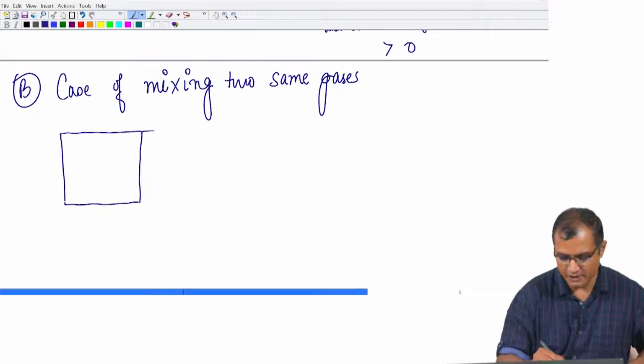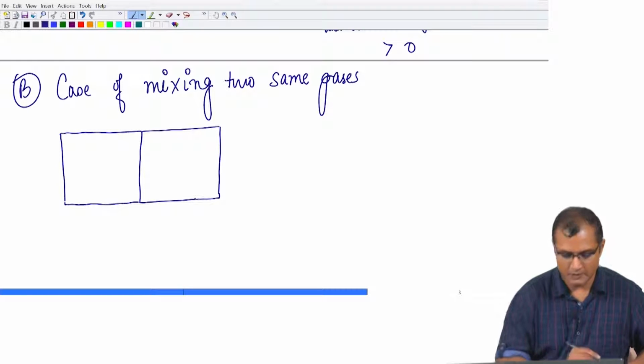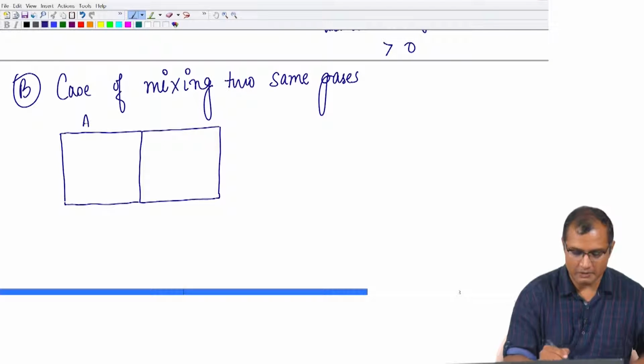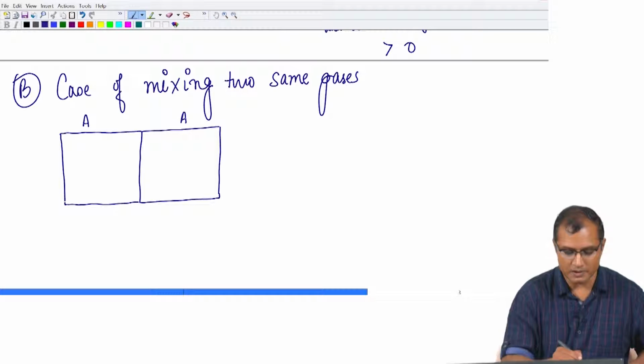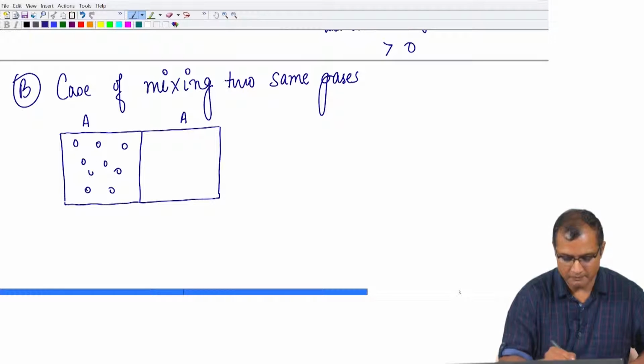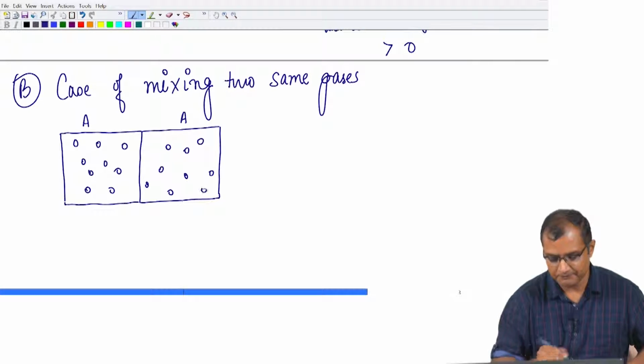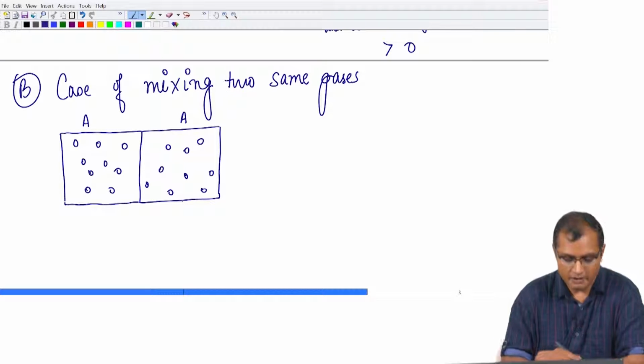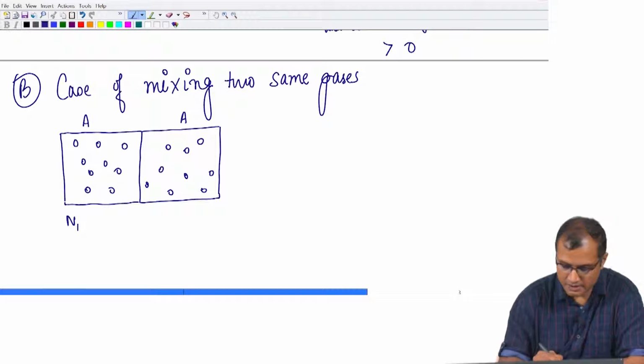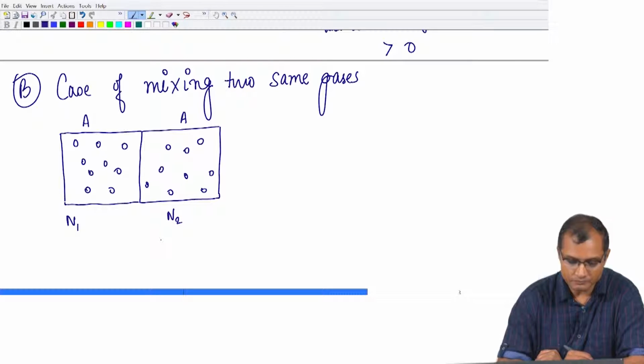So, as usual, you take two compartments and you take particles of the same type on both sides, because I am mixing two gases of the same type, and I have taken N1 particles and N2 particles.